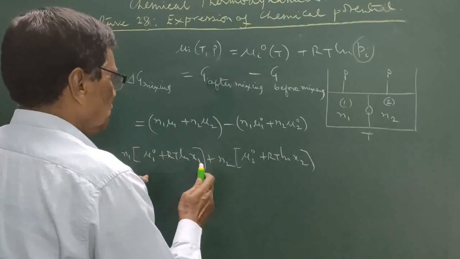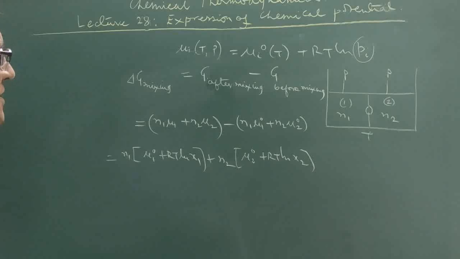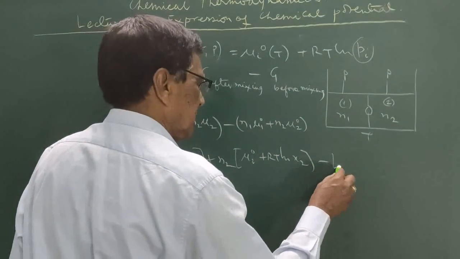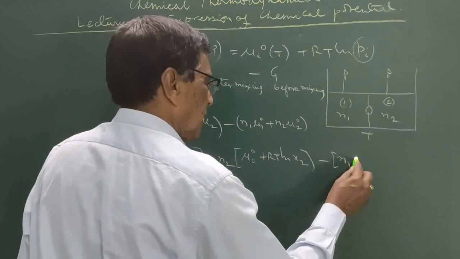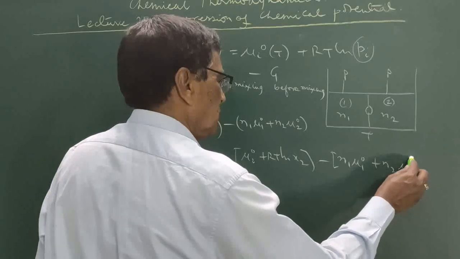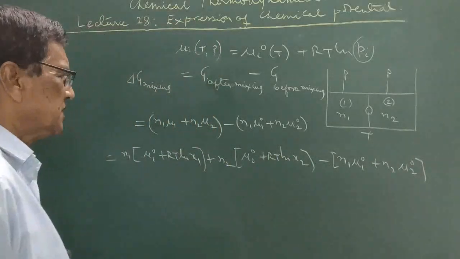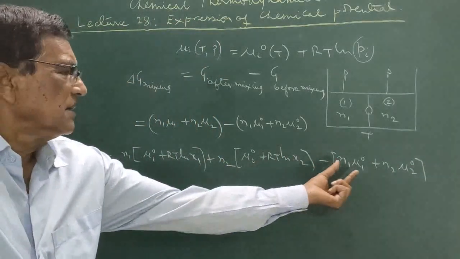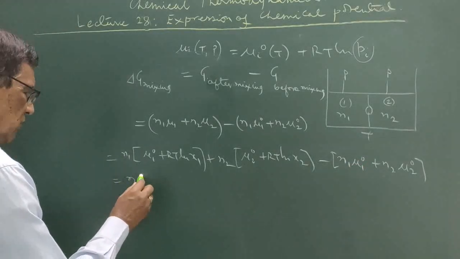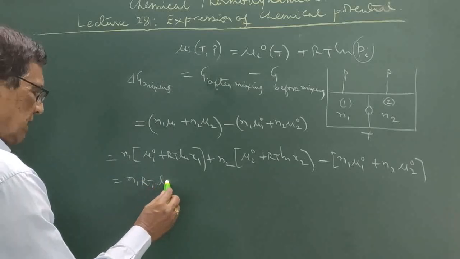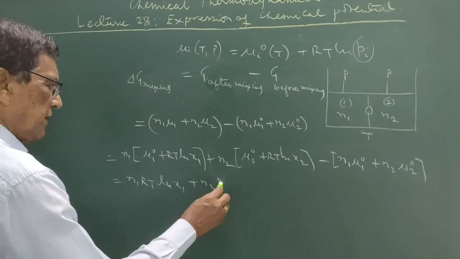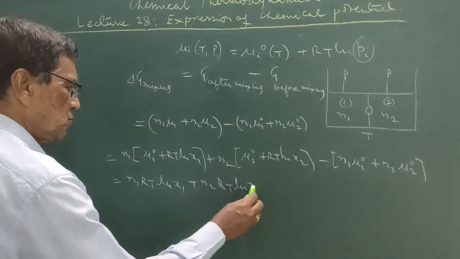The sum of these two is the free energy after mixing, and minus before mixing, N1 mu1 naught plus N2 mu2 naught. If we do this simplification, these terms will be cancelled, and it will give you N1 RT ln x1 plus N2 RT ln x2.